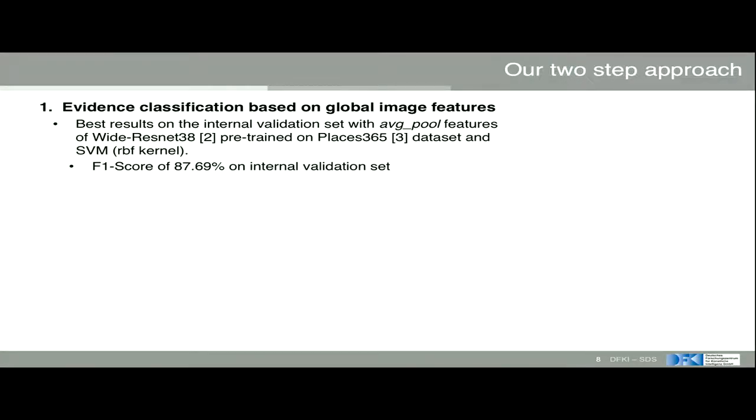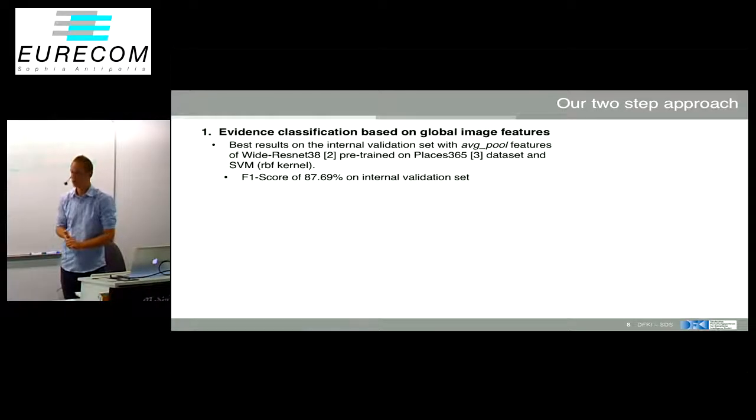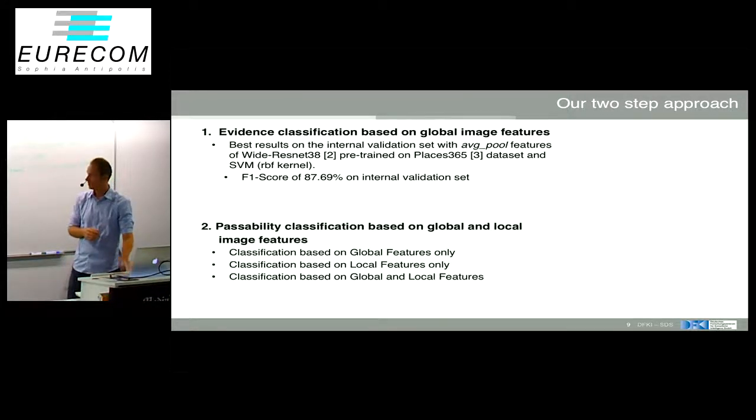What we did here is a 2-step approach. First, we used a ResNet trained on Places for the scene information. We used this as a feature extractor and trained a support vector machine with a radial basis function kernel. We already got quite good results on our validation sets for just discriminating between evidence and no evidence. For passability, we did a couple of experiments investigating local features, global features, and their fusion.